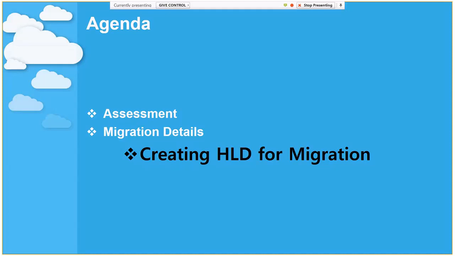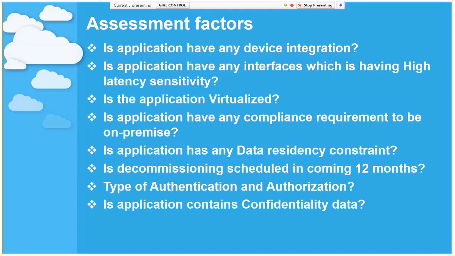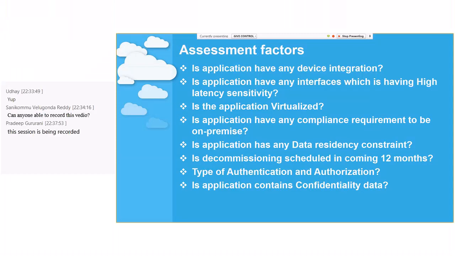We ask some questions to understand whether this application can be taken to the cloud or not. So a question can be: does the application have any device integration? If the application has any device integration, then definitely we cannot take this application to the cloud, so we will not have feasibility. If the application has high latency sensitivity, then we cannot take it to the cloud.